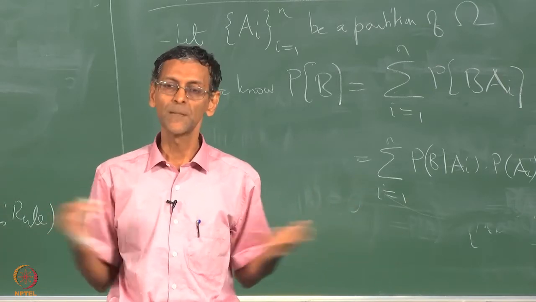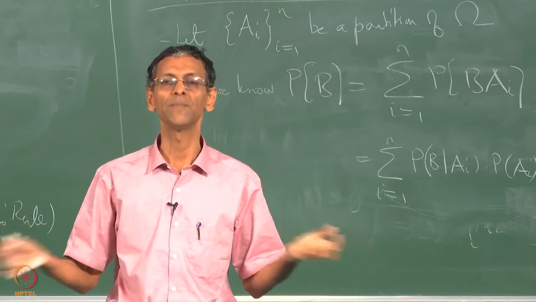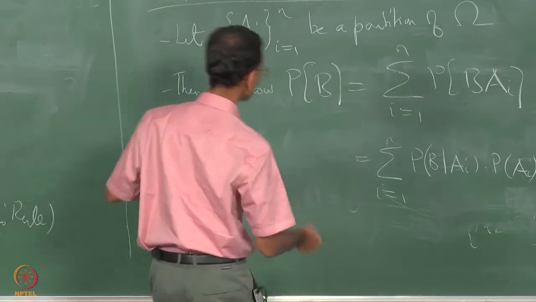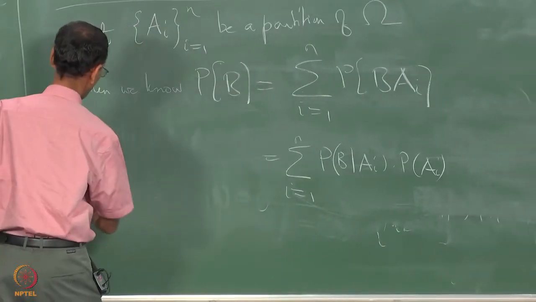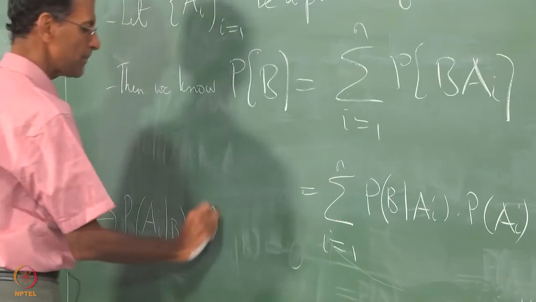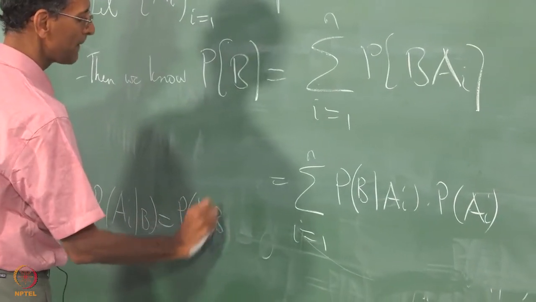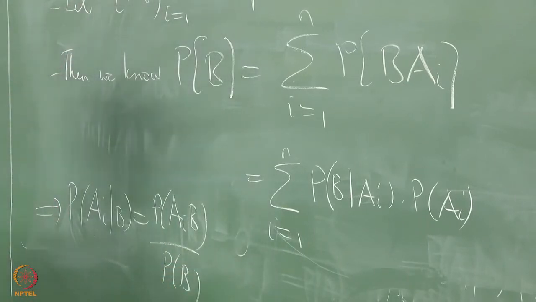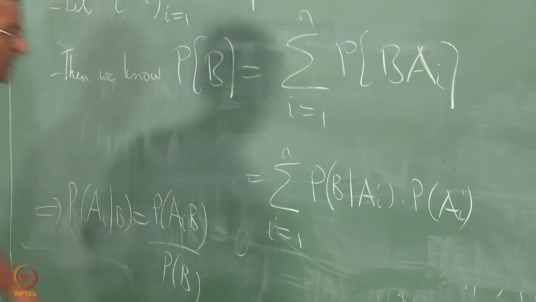The P(A_i given B)s all become the posterior probabilities. So what is P(A_i given B)? This is obviously P(A_i ∩ B) divided by P(B), by definition, and of course you assume there is no problem dividing by P(B).